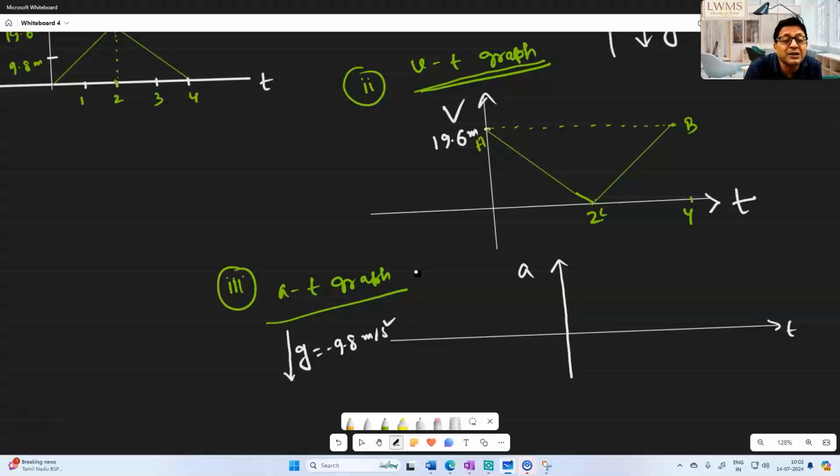We have taken upward direction positive, so this downward quantity has to be negative. If you say no, I have fixed the upward direction, okay, fine, you do it. But in all our problems we have considered this, so I will be taking it like this: time increases, but this remains the same, that is minus 9.8 meter per second square.